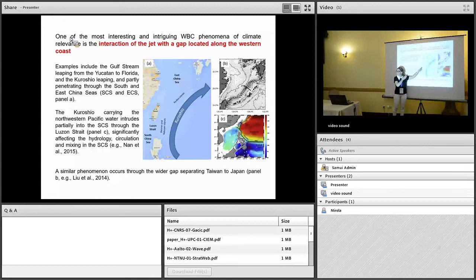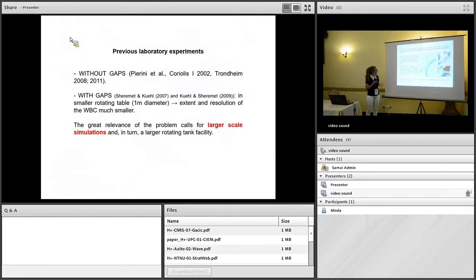Part of the current may detach from the main jet and intrude into the South China Sea, or even onto the top of the Taiwan Island, as shown by these two pictures. We can have the current which deviates south and north of Taiwan Island, and can intrude into the South and East China Seas, producing local properties in terms of hydrology, local circulation, and affecting the local climate.